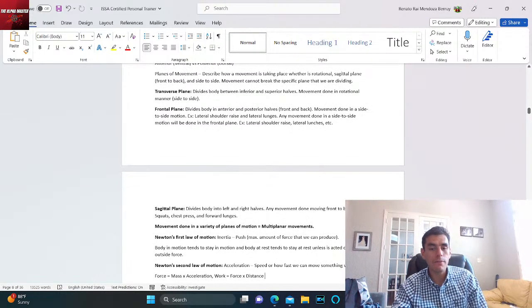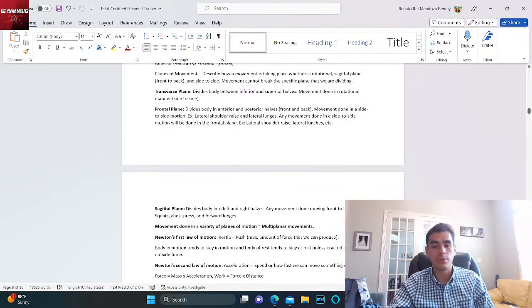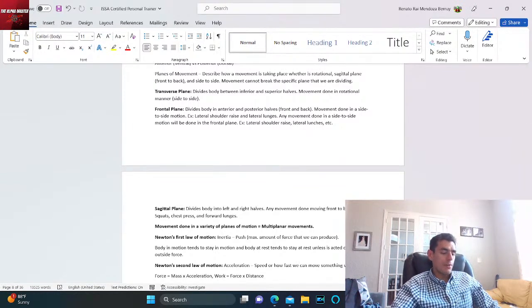Now, Newton's second law of motion is the law of acceleration, or power. It's speed, and how fast we can move something with force.